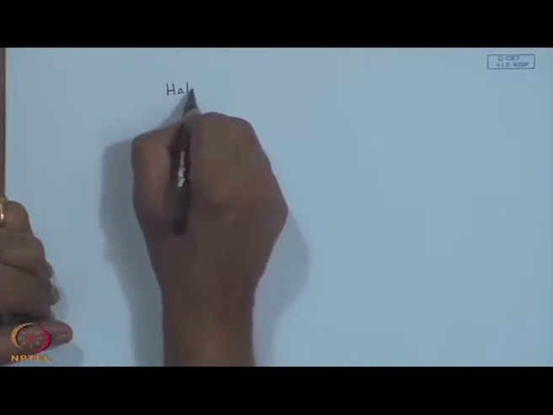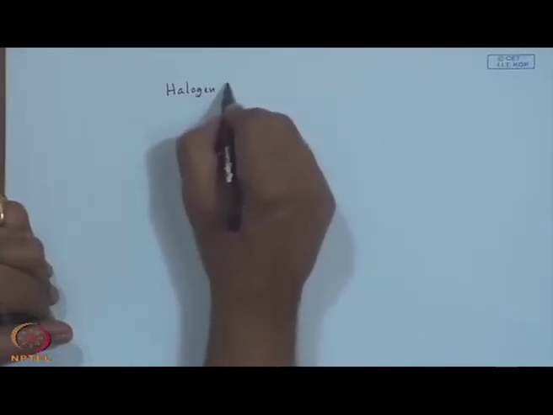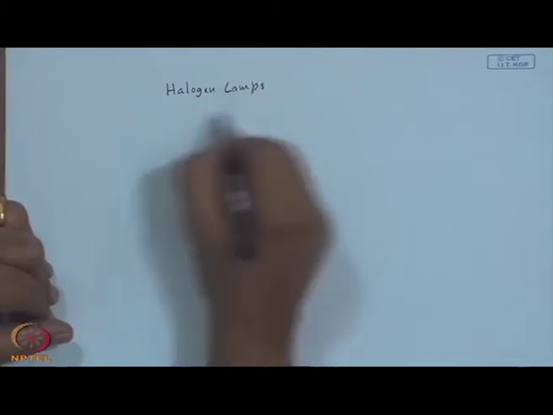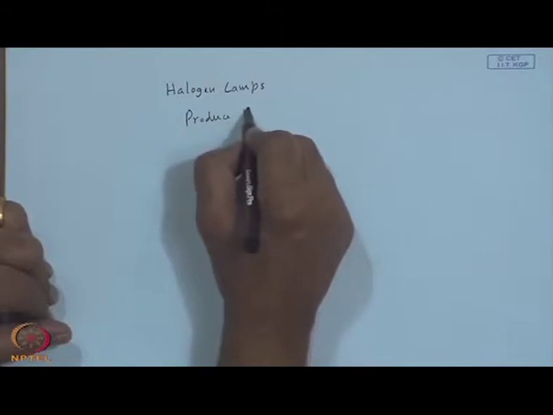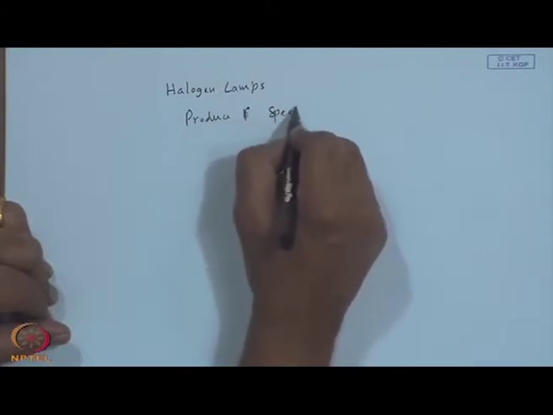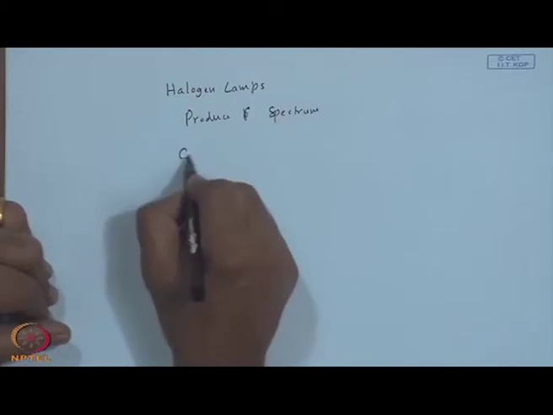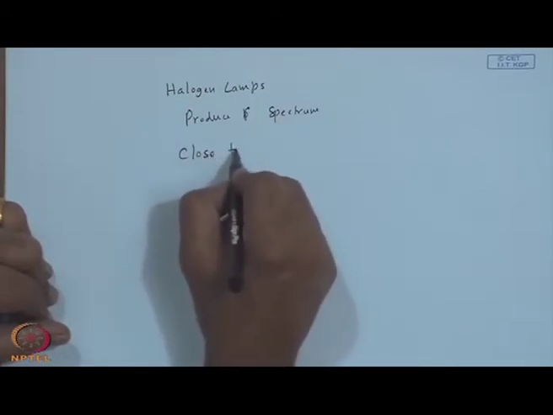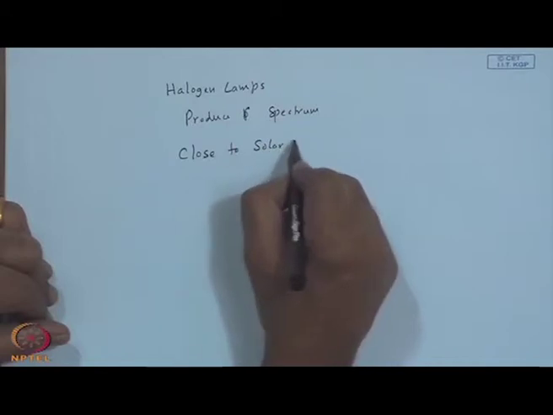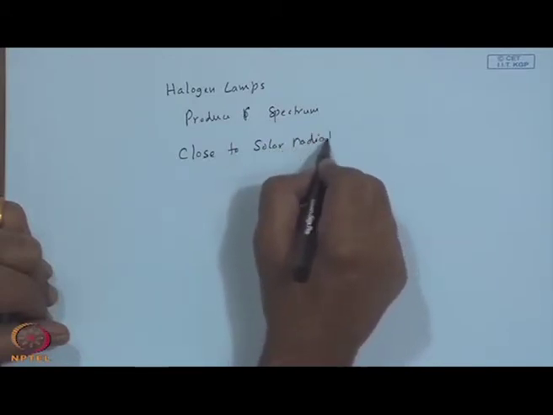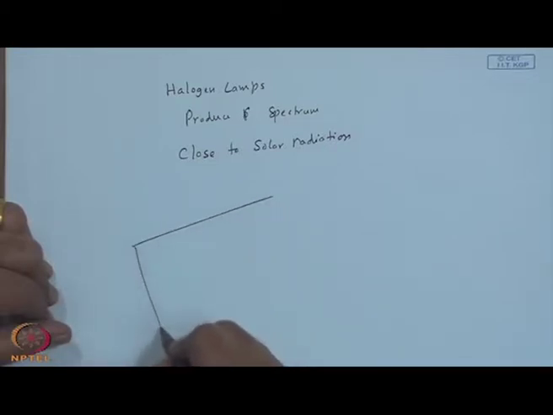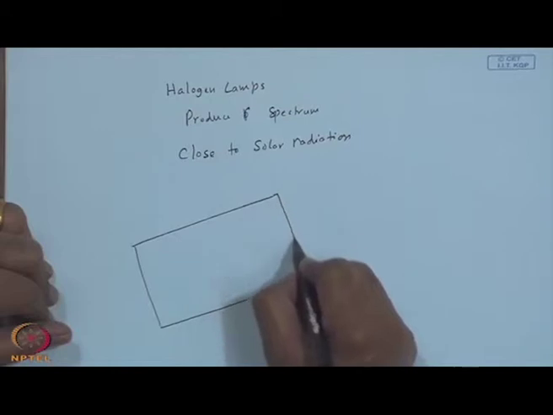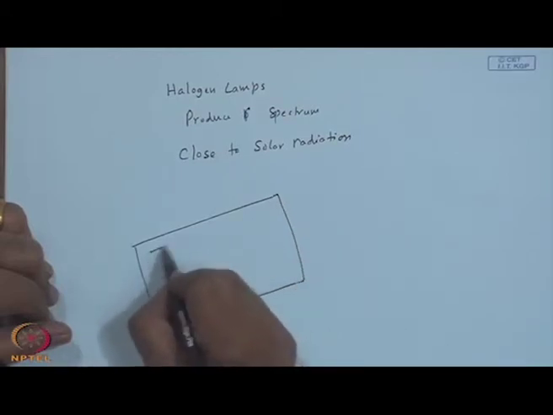So, usually halogen lamps produce a spectrum close to solar radiation. So, one can think of a bay of halogen lamps.